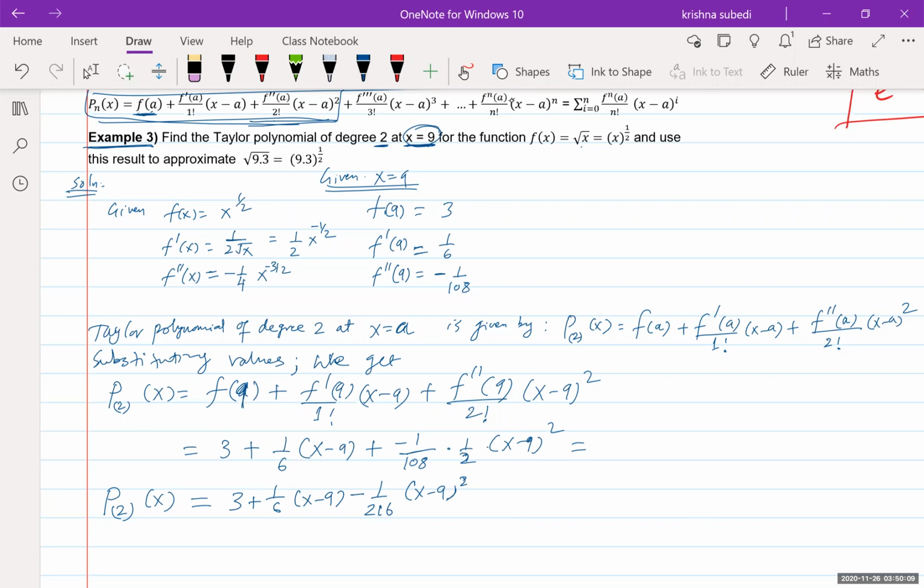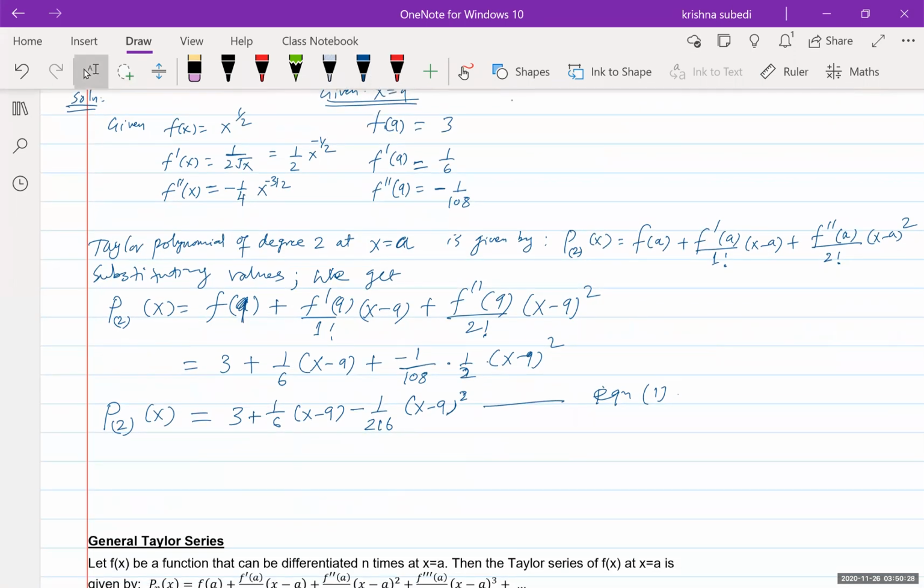Okay, so that is our polynomial of degree 2. Let's say this is equation 1. Now we are not done, so we need to approximate this value right here, square root 9.3. We need to find that value.